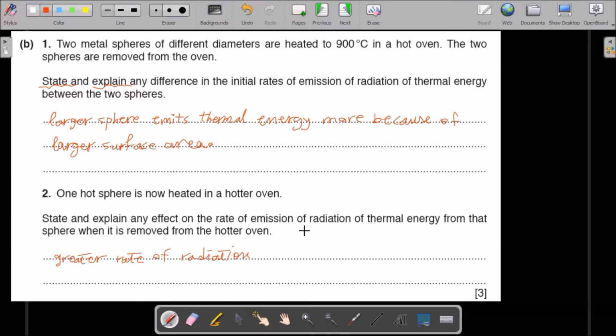So if you put it in a hotter oven, you know that because of larger surface area and also higher temperature, you will get greater rate of radiation. So greater rate of radiation.